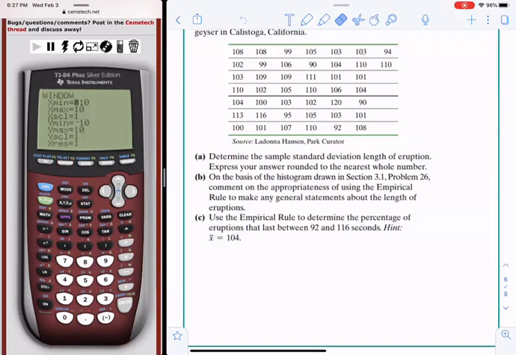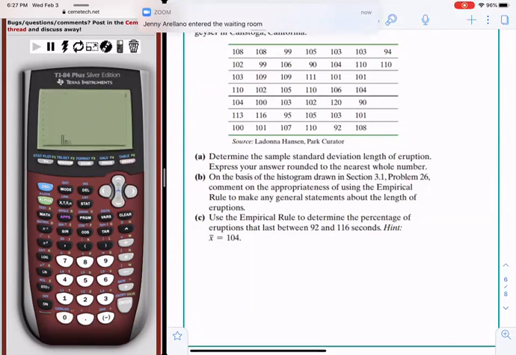So we can go from 80 to 120 or 125, 0 to 10. So that's the graph we get. And you can see that it is sort of a bell curve. It's not perfect, but if you kind of did an outline, it would look like a bell curve. So the data is approximately normal.